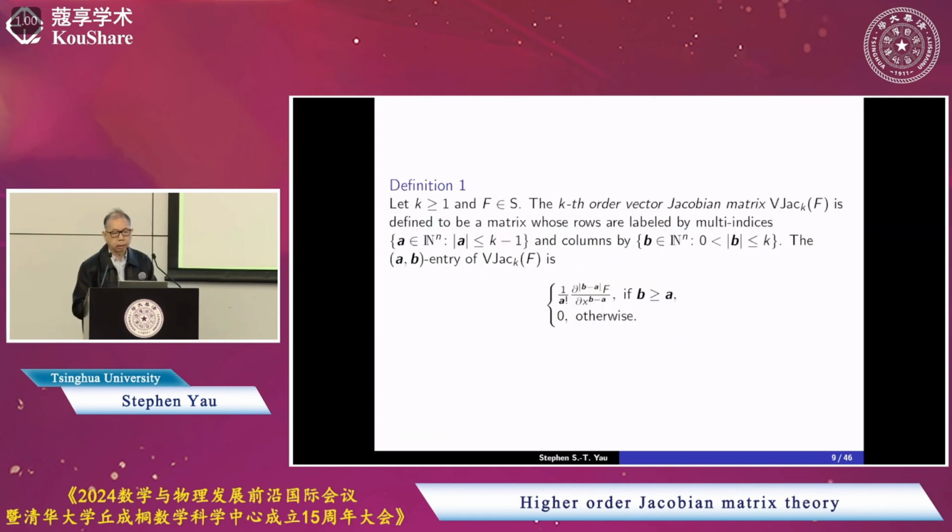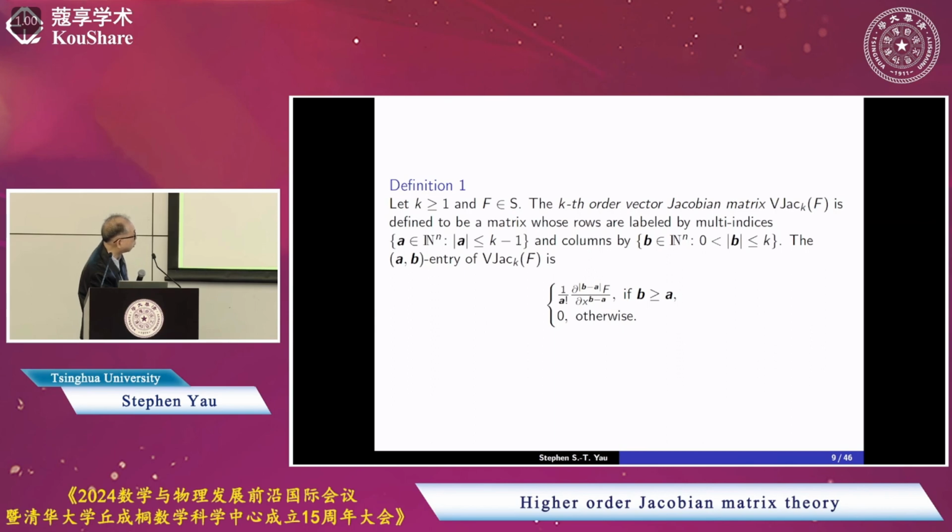So we define the kth order vector Jacobian matrix. For any A, I mean A is a vector here, with order less than or equal to k minus 1, and for B, with order strictly bigger than zero, the AB entry of this vector Jacobian matrix is defined by this.